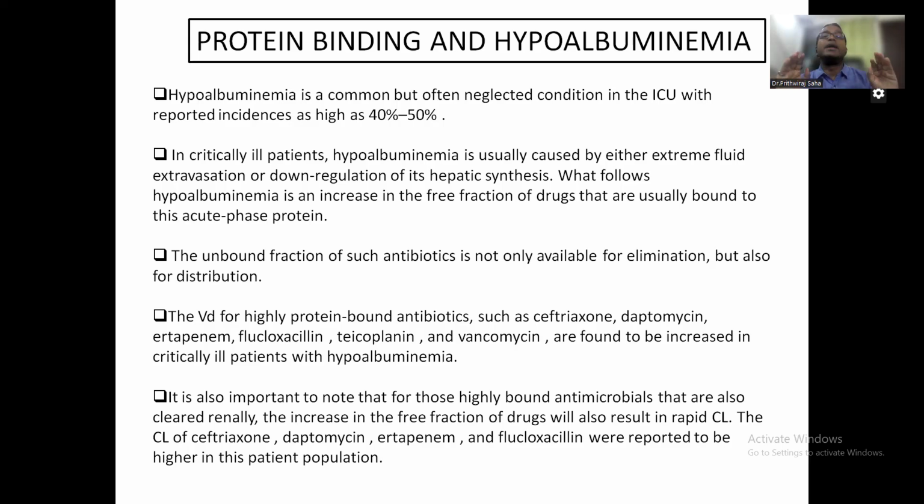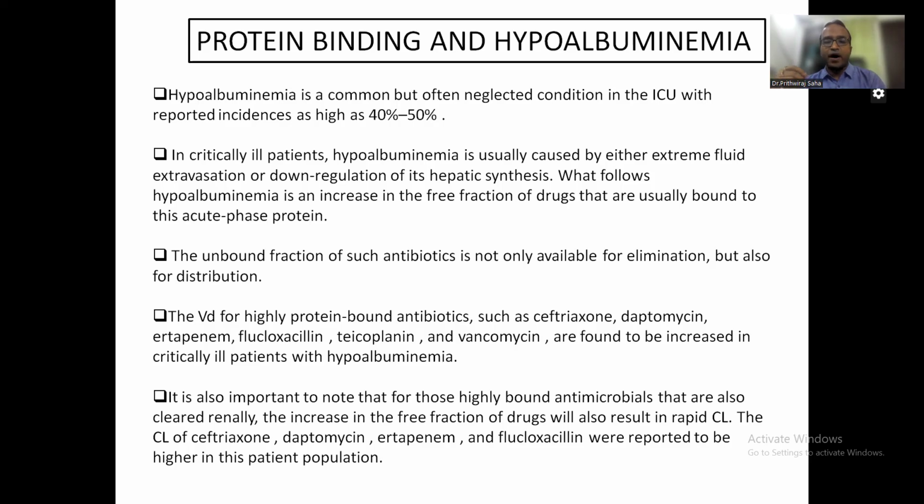Creatinine is there, but if the patient is pouring out urine, if the patient is in the initial part of the shock, try to maintain as high a dose as possible, considering your clinical knowledge at the bedside, which is the most important thing apart from these theoretical lectures. But apply these logics also. The highly protein-bound antibiotics such as ceftriaxone, daptomycin, ertapenem, teicoplanin, vancomycin are found to be increased.